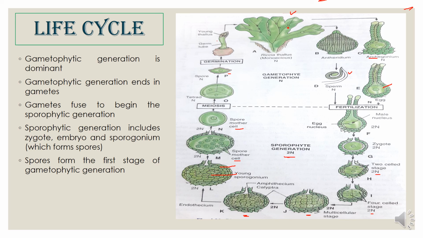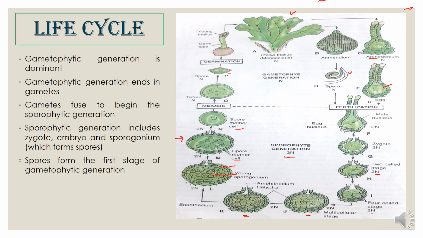So in this entire life cycle, the sporophytic generation lies embedded in the thallus of the gametophyte. Here we see the sporophytic structure, which is just a bulbous capsule.